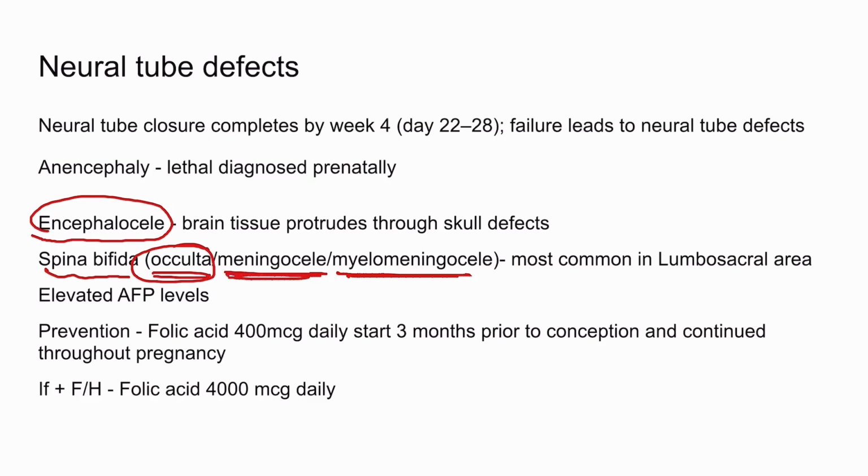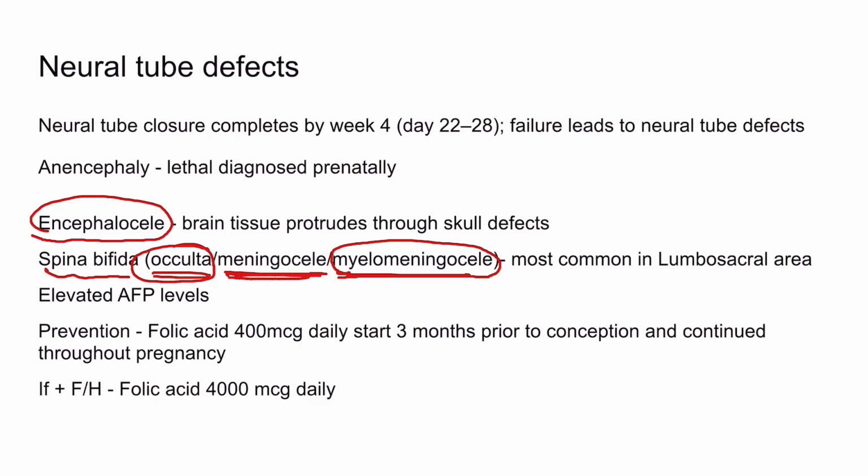Meningocele is when skin is absent overlying the defect and the meninges protrude out, forming a translucent sac filled with fluid or CSF. The other is myelomeningocele, the most severe form of spina bifida, in which both meninges and spinal cord protrude out of the defect, often causing motor and bladder dysfunction.